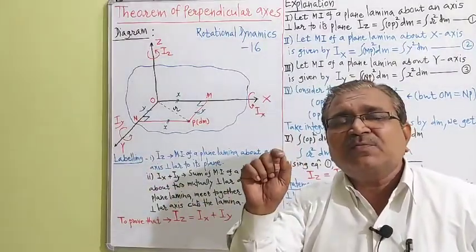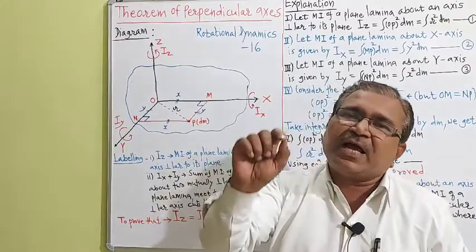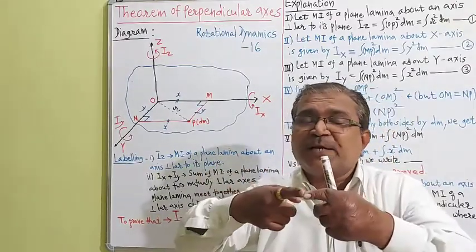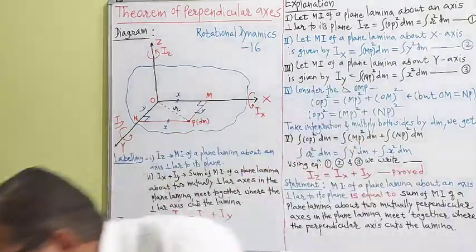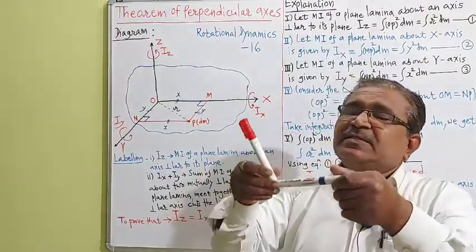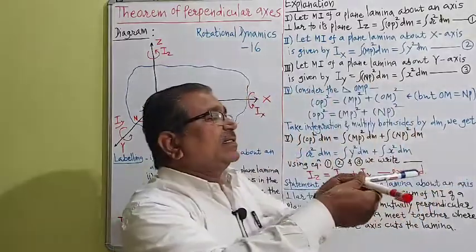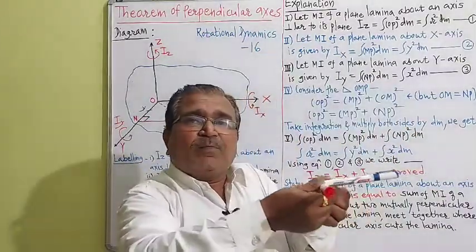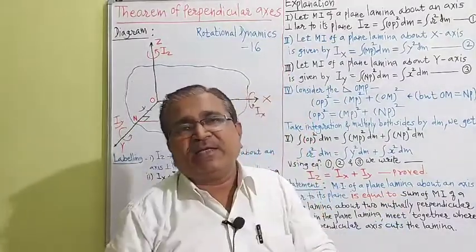What is Ix plus Iy? It is the sum of moment of inertia of a plane lamina about two mutually perpendicular axes that meet together. These are the two mutually perpendicular axes like this. They meet together where the perpendicular axis cuts the lamina.